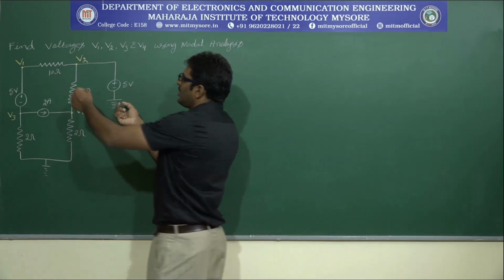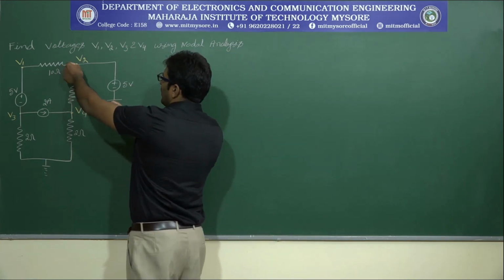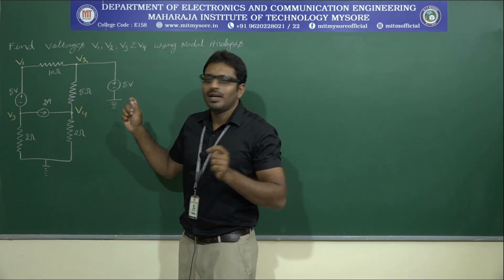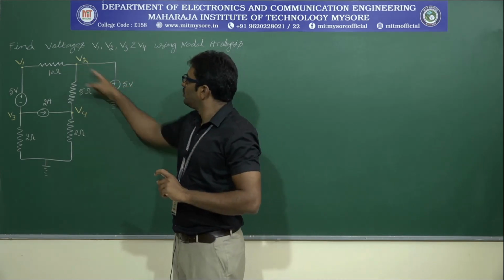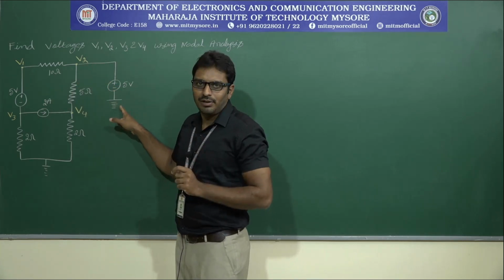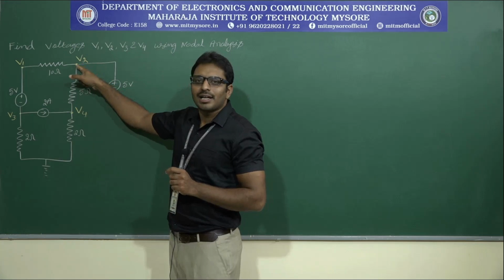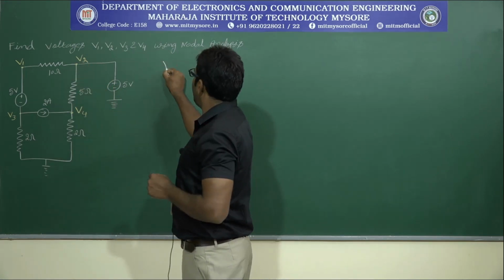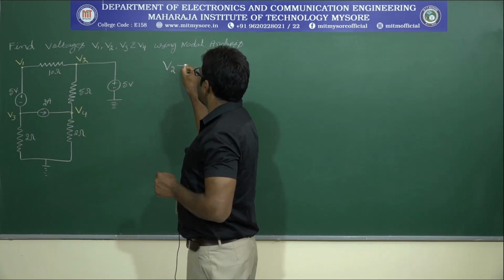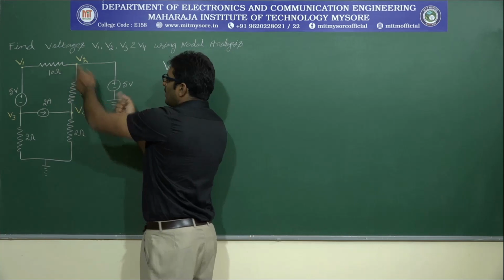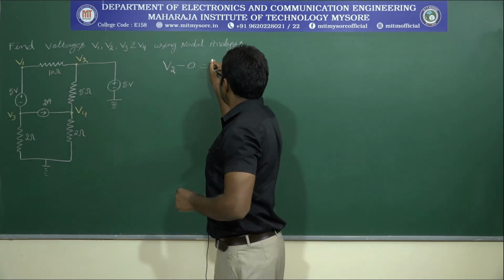See, the potential difference between these two terminals is 5 volts. You know the potential at this point is 0. The potential at the start terminal is V2. Then what is the potential difference? V2 minus 0 is equal to, what is the potential difference between these two terminals? 5 volts.